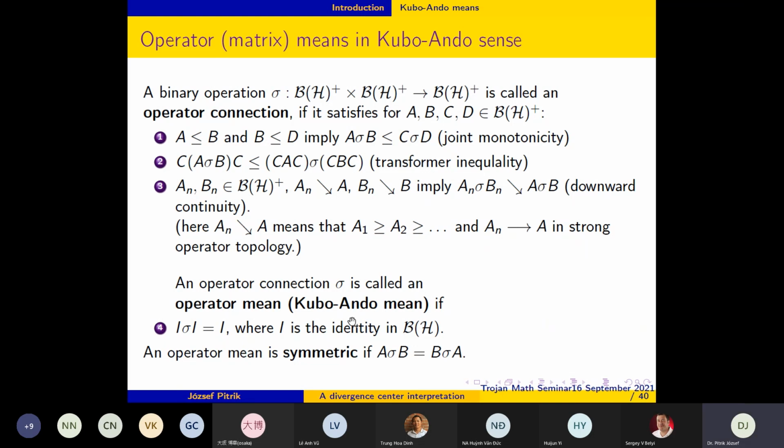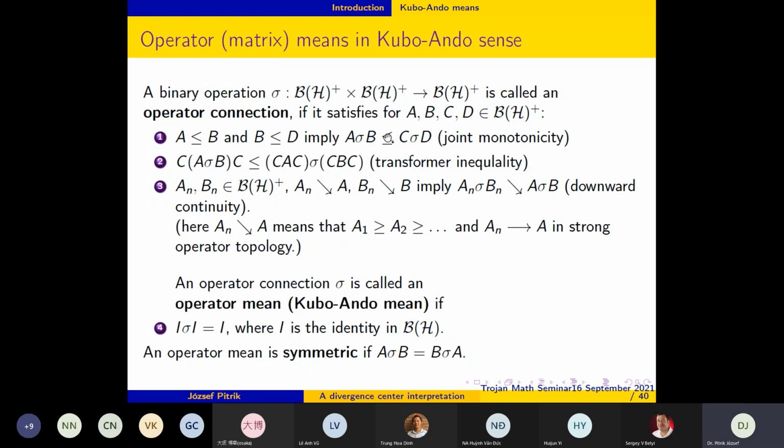The axiomatic theory of matrix or operator means was developed by Kubo and Ando in their fundamental paper in 1980, which served to generalize the notion of means of positive real numbers to positive matrices. In their definition, a binary operation sigma on positive bounded operators, called an operator connection, satisfies the following conditions.